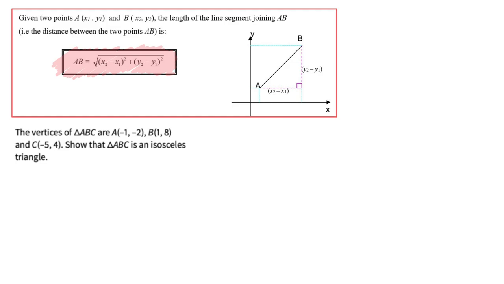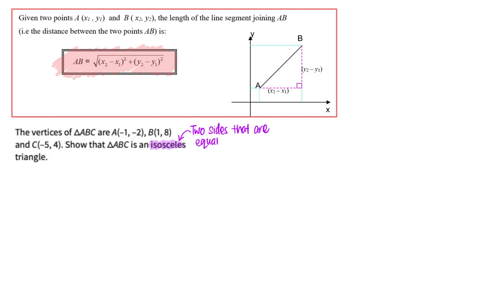It is important to note that for an isosceles triangle, there are some properties that we could actually exploit. One of it would have to be that there are two sides that are equal.